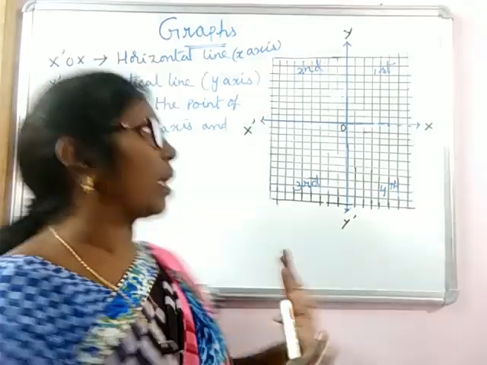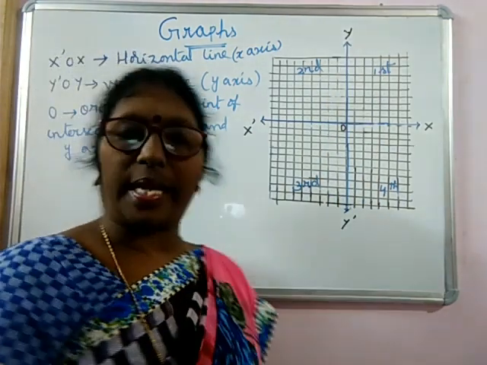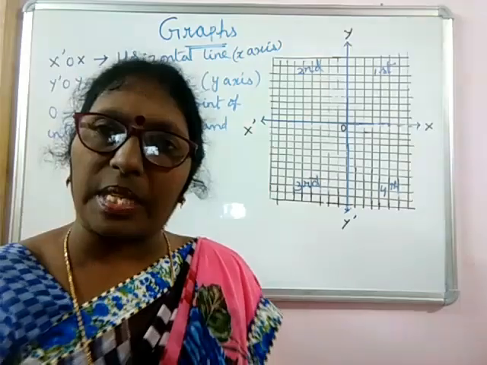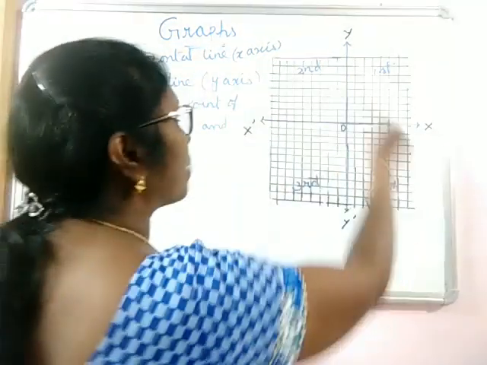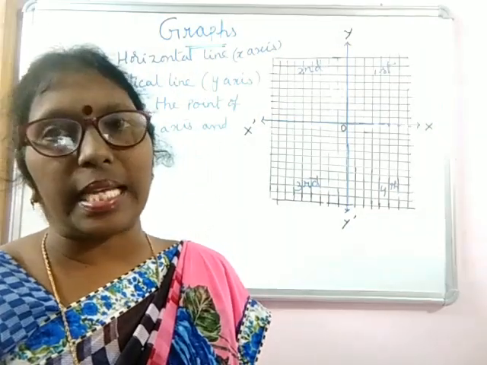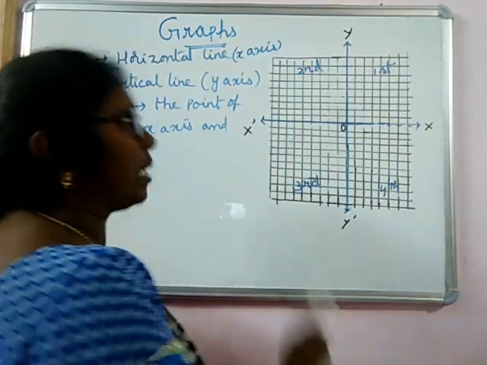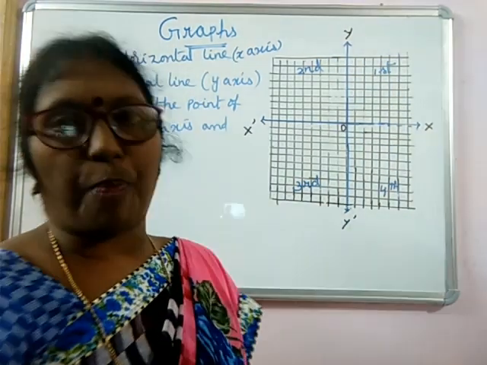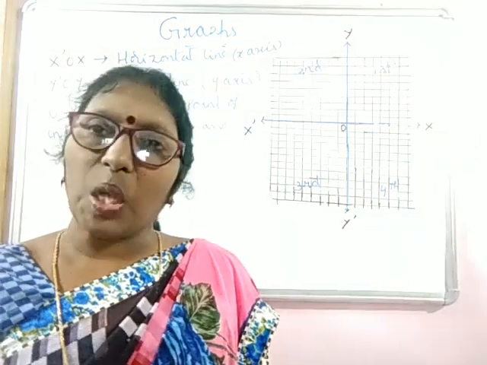So by now you are clear what is x-axis, horizontal line, what is y-axis, vertical line. Origin is the point of intersection of x-axis and y-axis, and both the axes, axis is singular, axes is plural, divide the Cartesian plane into 4 quadrants. Quadrant means fourth part. First, second, third, fourth. Okay?